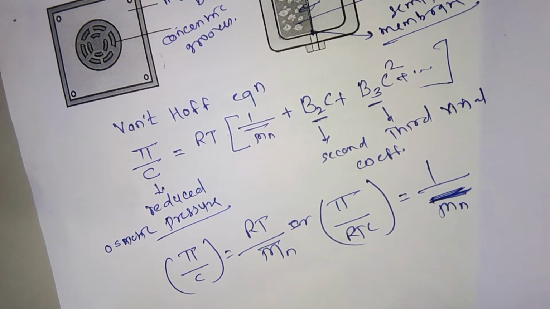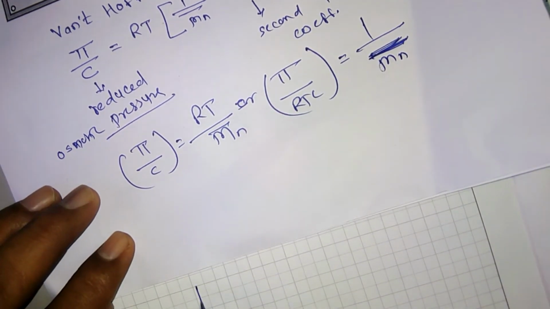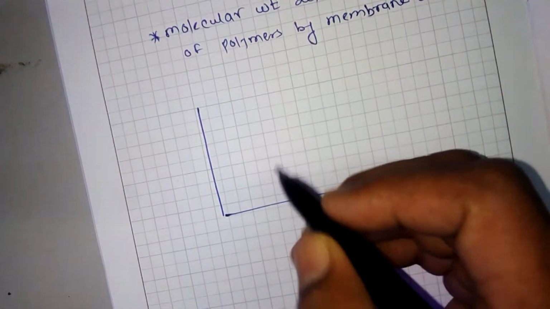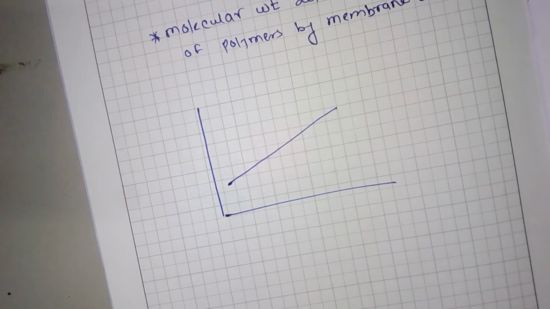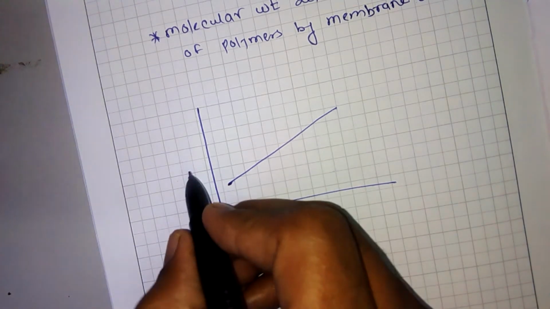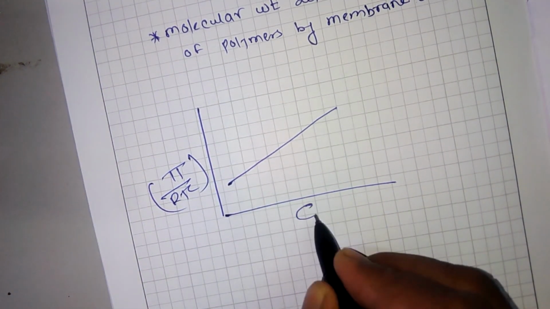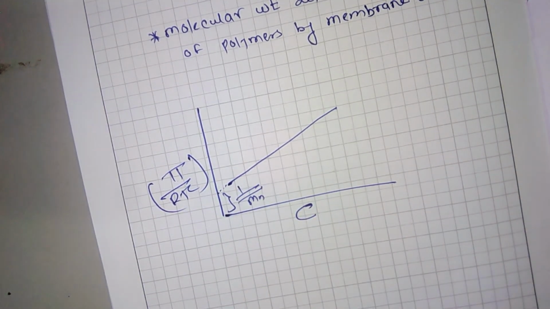If you plot a graph of pi by RTC with respect to C, the extrapolated intercept is 1 by Mn, because it is a straight line equation.